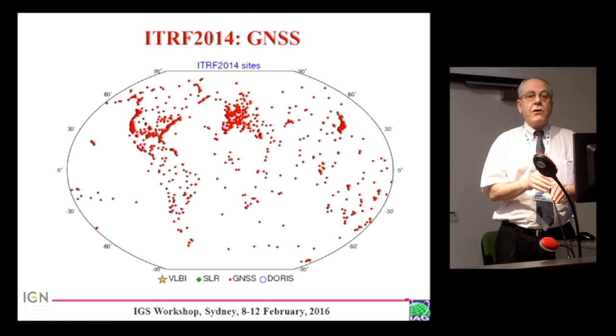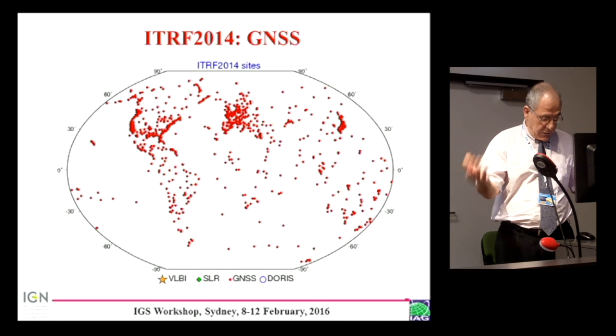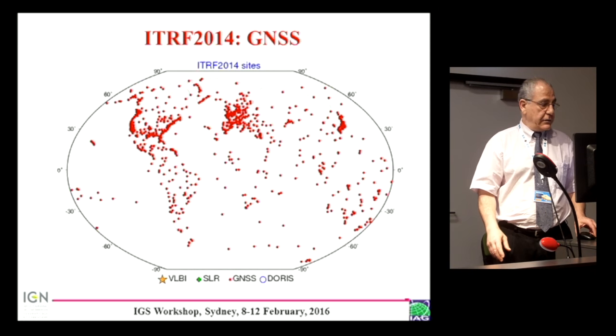And this will give more possibilities to access the ITRF. That's what I want to emphasize, that through the IGS products, we have a kind of universal access, anywhere, anytime, to the ITRF. So this is something to keep in mind, that the IGS has a big role in disseminating the ITRF and also, of course, other products.